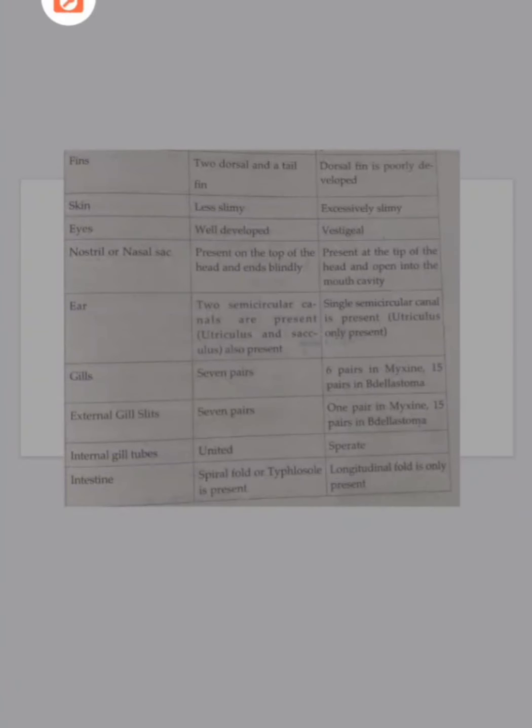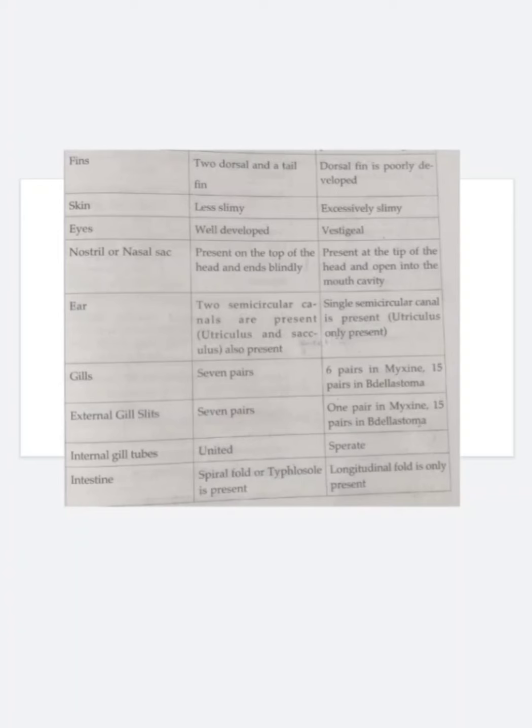And when we see the fins of Petromyzon and Myxine, two dorsal fins are present in Petromyzon, and one fin is also located on the tail, which is called the caudal fin. In the case of Myxine only one dorsal fin is present, which is also poorly developed, and in some cases it is absent.